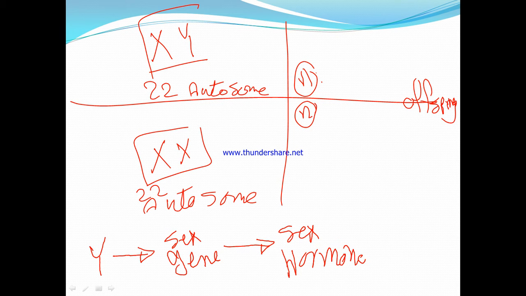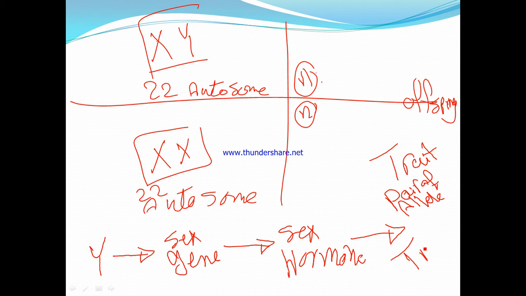By the way, it's known as the masculinity hormone. If this hormone is present and this trait or the pair of alleles is present, it will give the appearing trait.